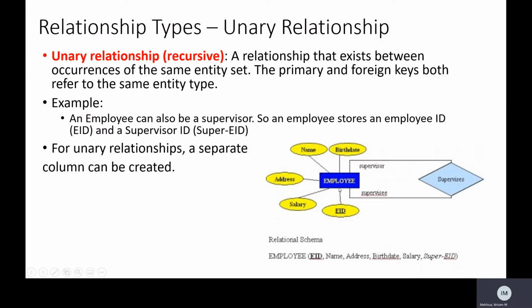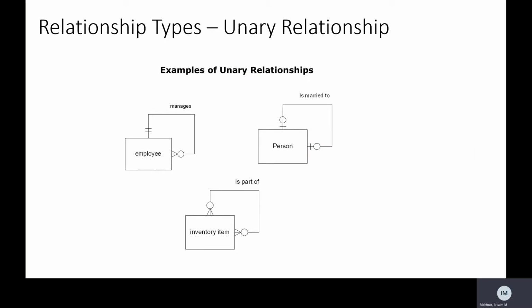If a relationship includes only one entity, we say it is a unary relationship because it exists between that entity and itself. Some examples would be an employee managing another employee, a person married to another person, or an inventory item that is part of another inventory item.